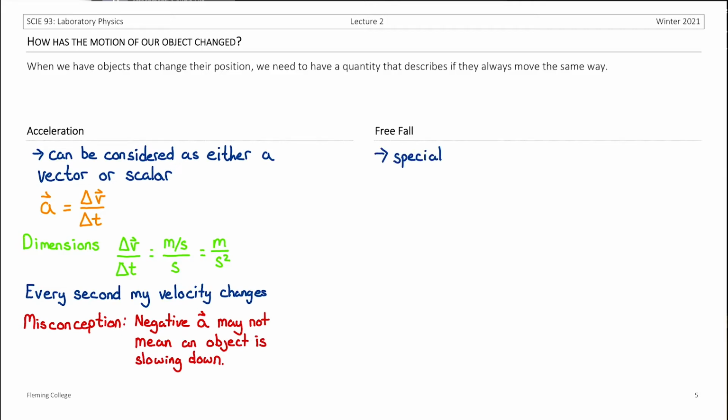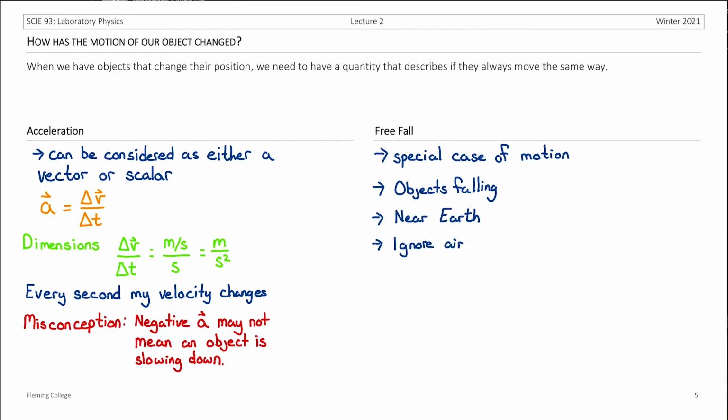Free fall problems are a special case of motion, and they're a type of problem we often solve. To solve free fall motion problems, we make several assumptions. The objects are falling freely, they are near Earth, and we ignore air resistance. With all of those assumptions, we have a known acceleration.